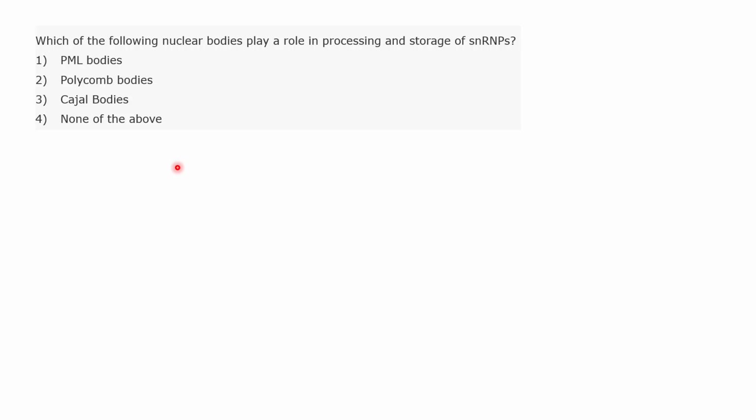Which of these nuclear bodies, present within the nucleus other than the nucleolus, helps in the processing and storage of snRNPs? Okay, so the answer to this question is Cajal bodies.